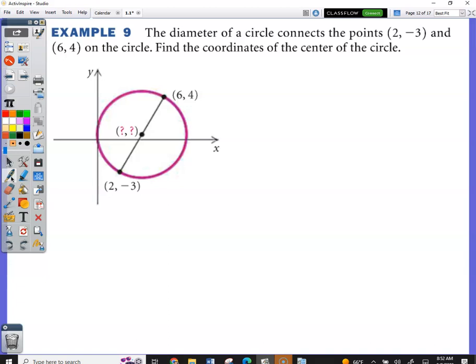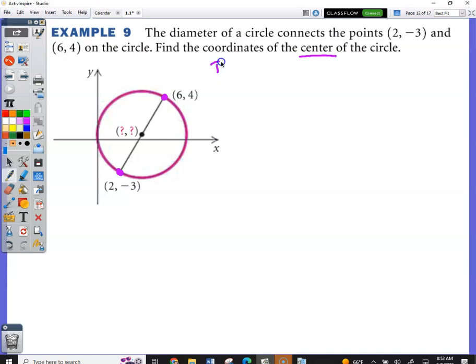First of all, visualize it. You have a circle, you have a diameter, you know what that looks like. They gave you the endpoints of the diameter, and then they ask you to find the coordinate point of the center, which is, they don't want the length of it, they want the location, which is the midpoint.